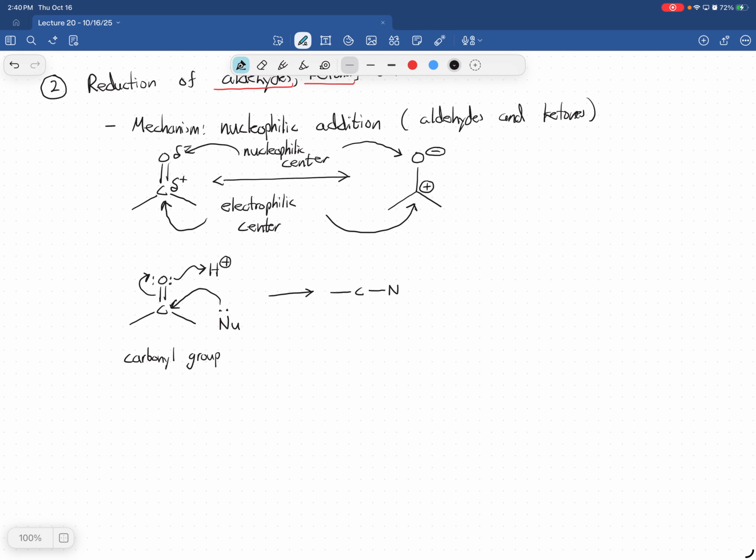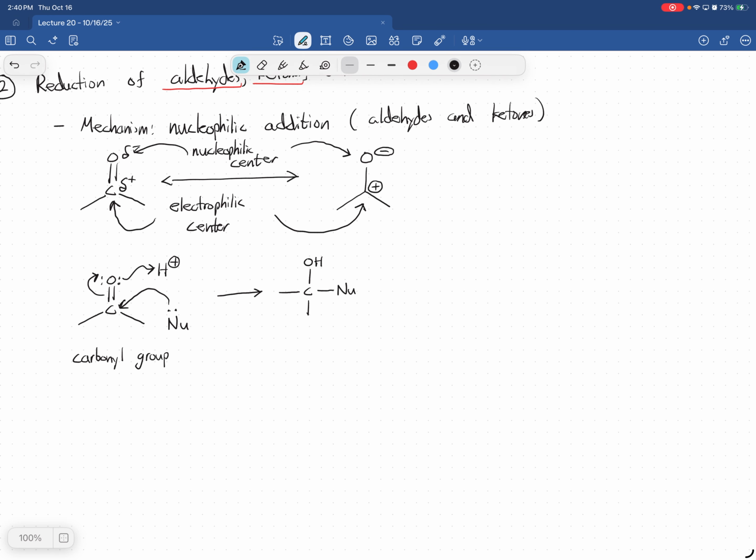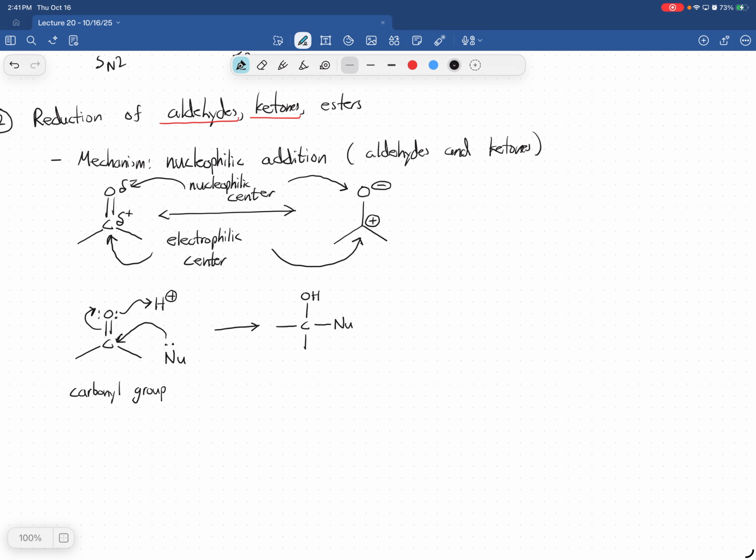So this is called a tetrahedral intermediate. And this is the product of nucleophilic addition. Okay? So what we have here is our nucleophile added to the double bond. And then we protonated it with an acid to stabilize it. Okay? So here's our generic reaction.